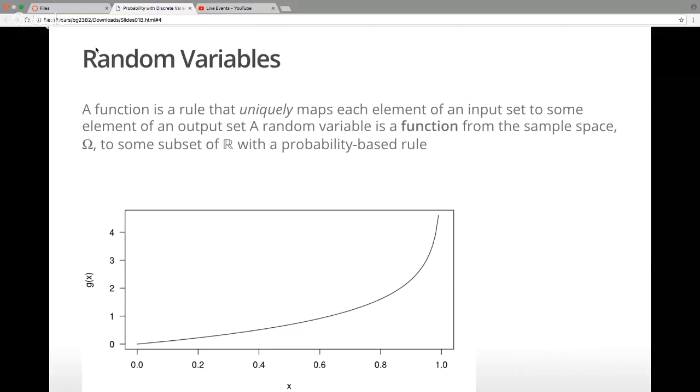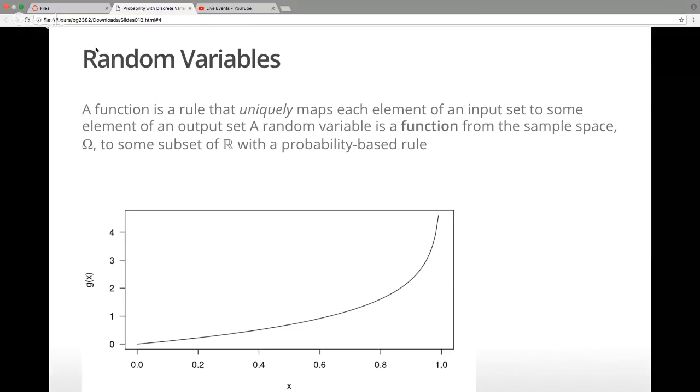So here we have a function that goes from the input set between any real number between 0 and 1. We have an output set that looks like it's all non-negative real numbers, etc. And you can see if you go anywhere on the horizontal axis here for the input set, it's going to correspond to exactly one member of the output set.